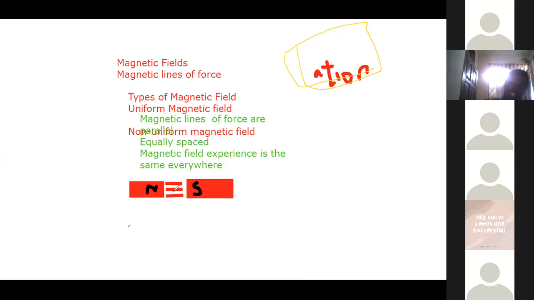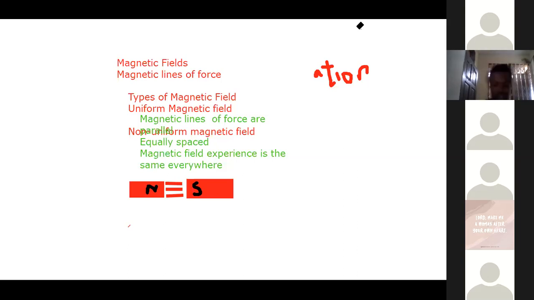The lines that exist between these are what we term as uniform. An example is the magnetic field inside the solenoid. That one is also uniform, and so is the magnetic field between the poles of U-shaped magnets. Magnets can be U-shaped, and the magnetic field between them is also normally uniform.